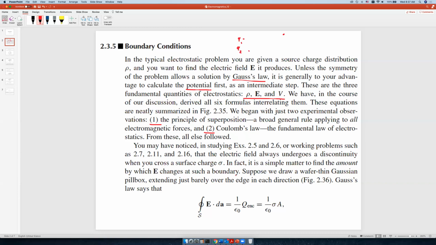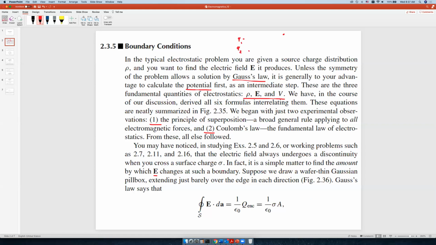Now let's focus on how E changes at a boundary, which is the main focus of this class. When you have a charged surface, what will happen to the electric field E? Later we will see the potential crossing the boundary.